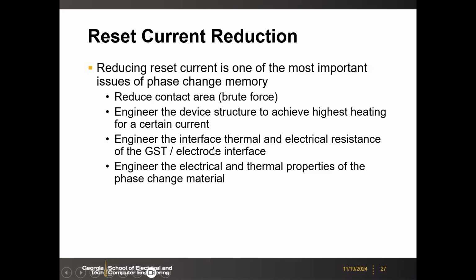Okay. And then you engineer the thermal and electrical properties of the electrode and interface, and so on. And then, of course, for the phase change material itself, if you can lower the melting temperature, say it's only 500 degrees C, you only need 300 degrees C to melt, then of course that will help. Okay.